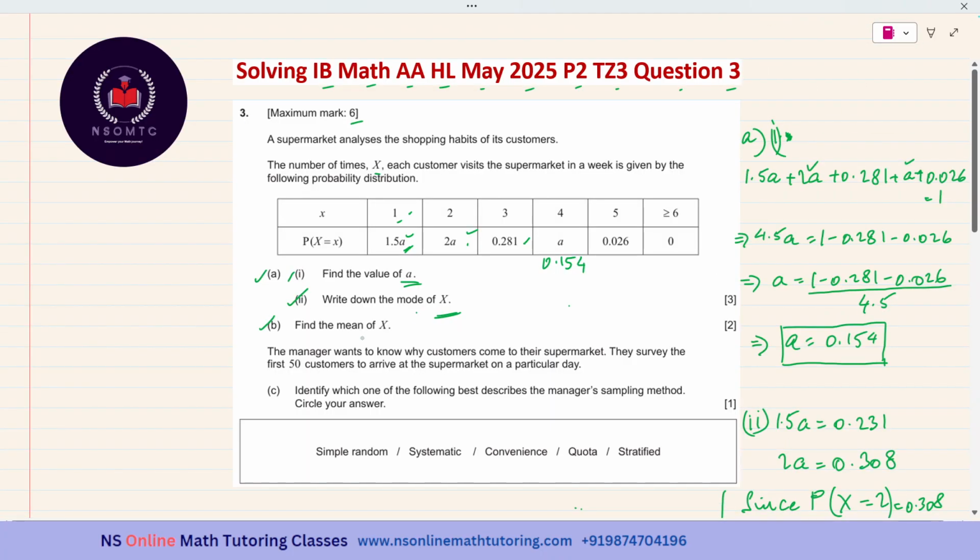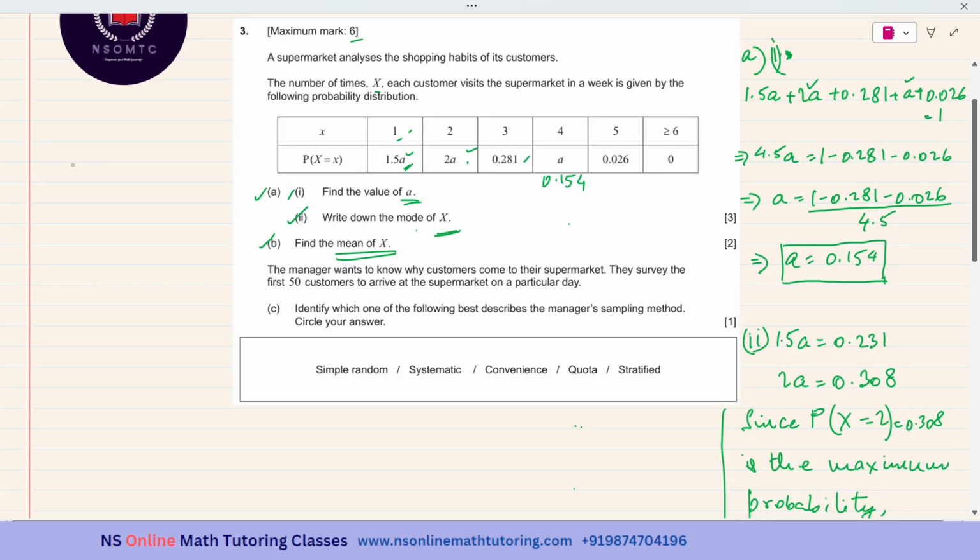Part B, find the mean of X. You will be given this mean formula in your formula booklet. It is the expected value of X, which is equal to sigma x times P of x.